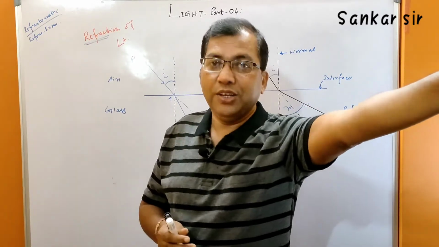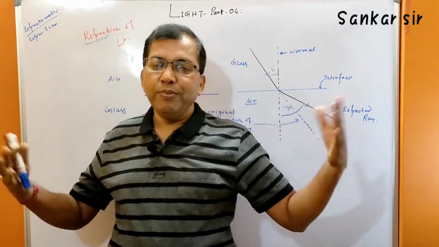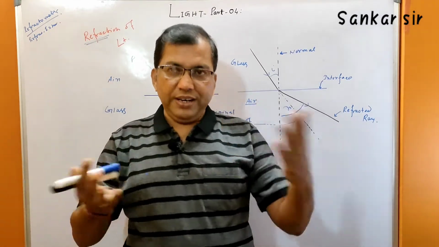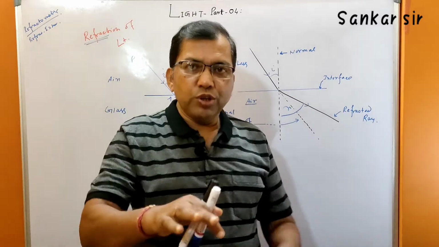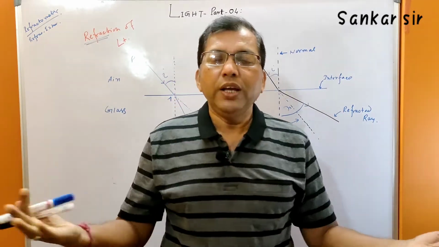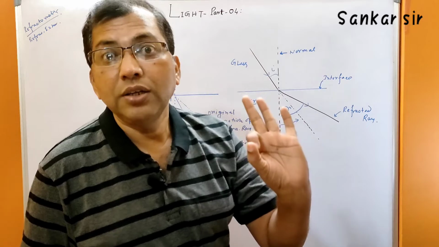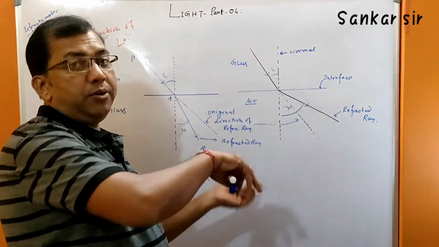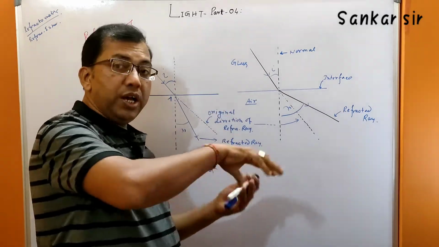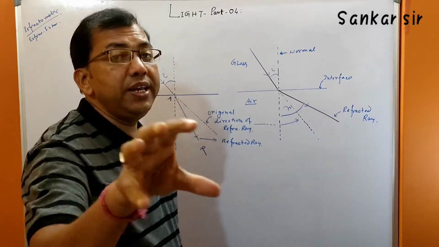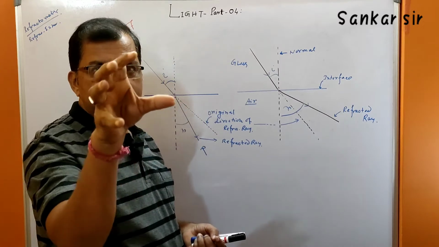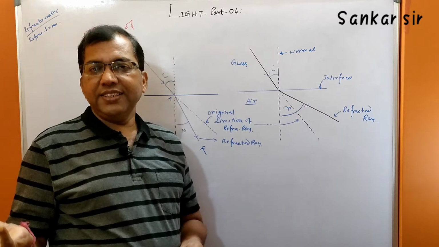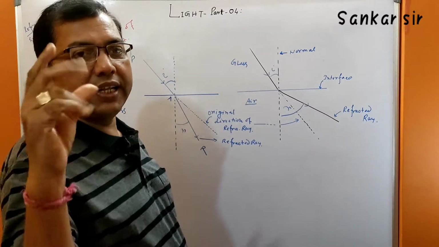This is the cause of refraction: the speed of light changes in different media, optically denser or optically rarer, that is, high or low value of refractive index.